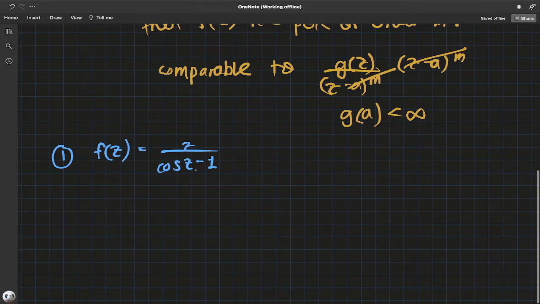What we can do is check for what points the denominator is going to 0, because those points are clues to where to check for singularities. They aren't a guarantee, you can just check. If you notice z equal to 0, cosine of 0 is 1, 1 minus 1 is 0, and we have a 0 on top. We are restricting our domain, so things like 2 pi we won't really talk about here.